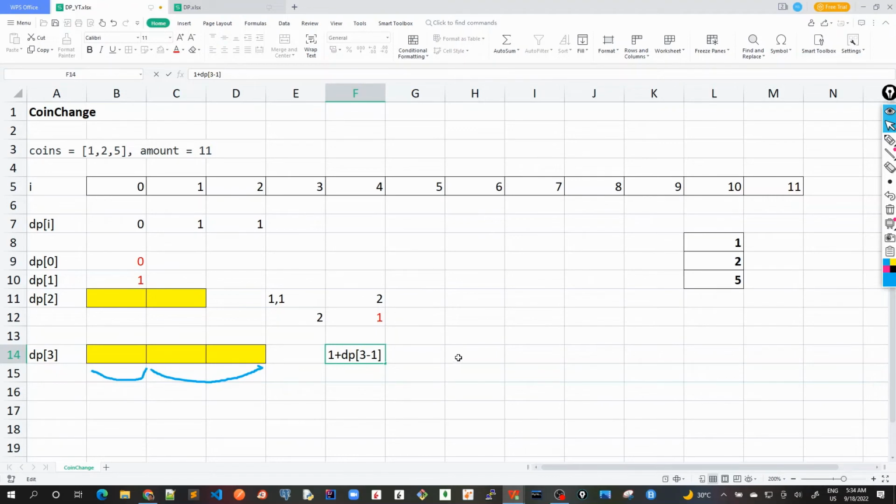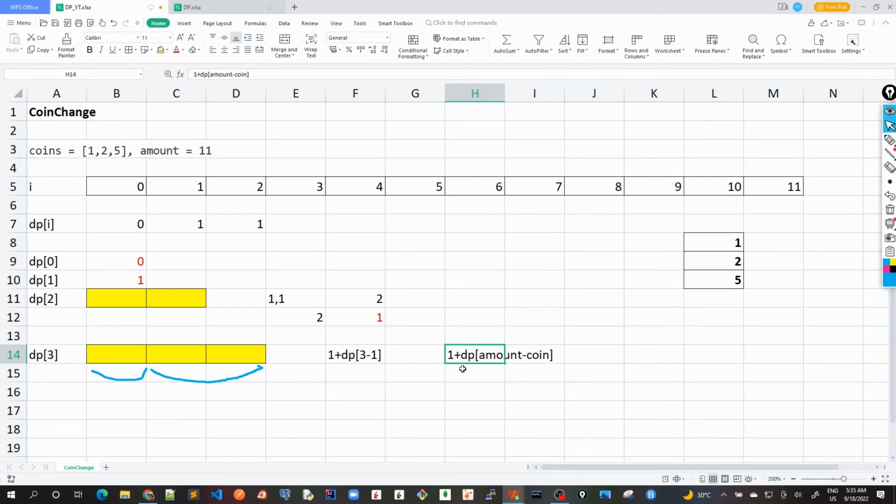Or in other words, I can write it as 1, where 1 is the coin itself because I'm choosing that coin, and then I take the index, the amount, maybe amount is the correct word, amount minus coin denomination. So this is the formula that we got for this combination if we take one coin.